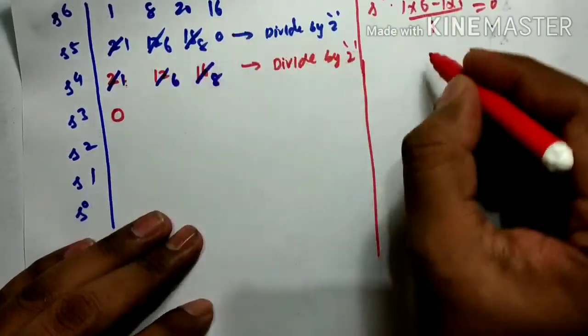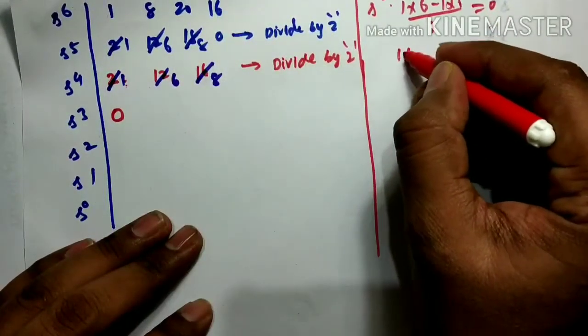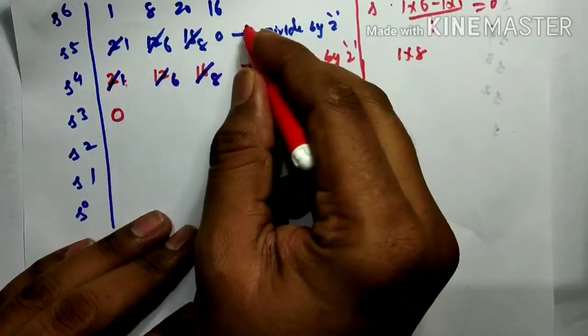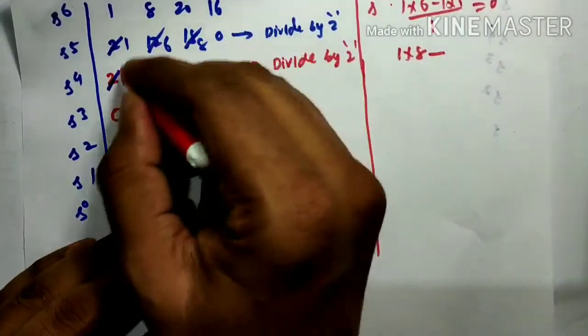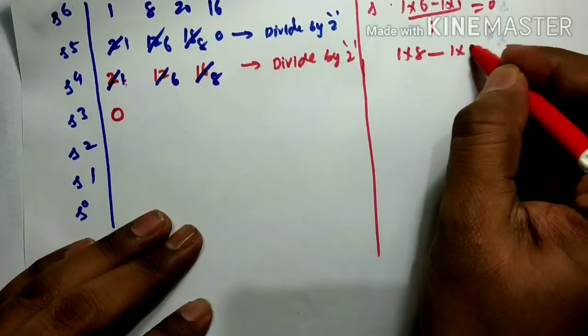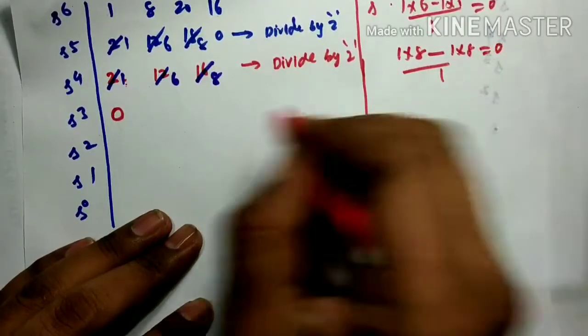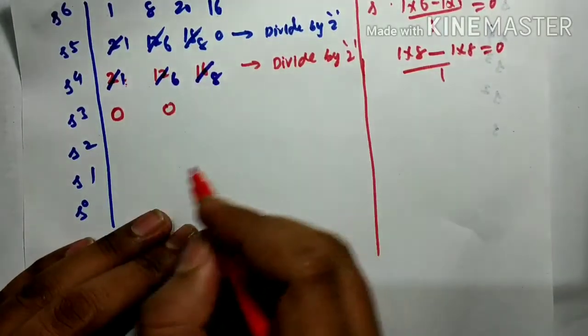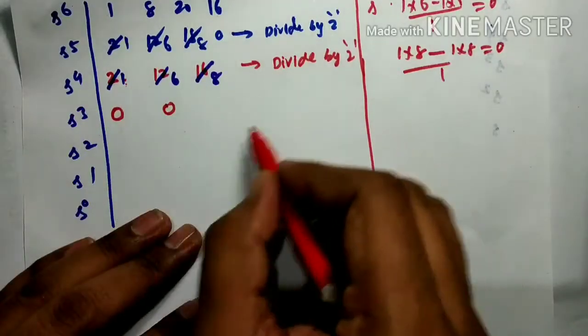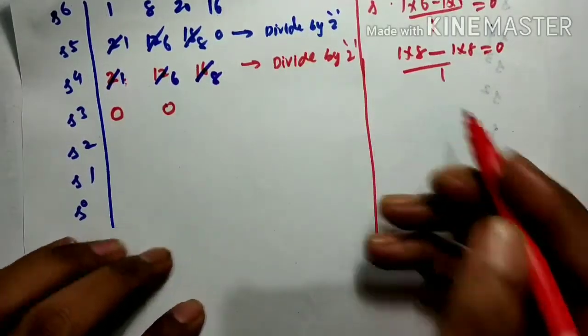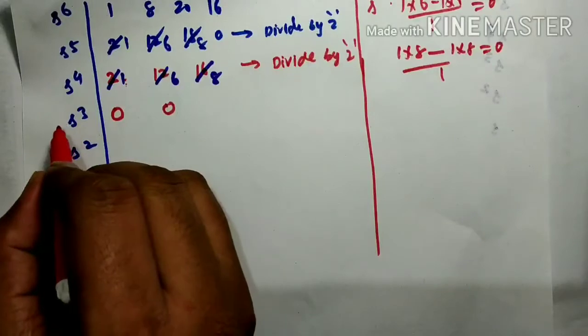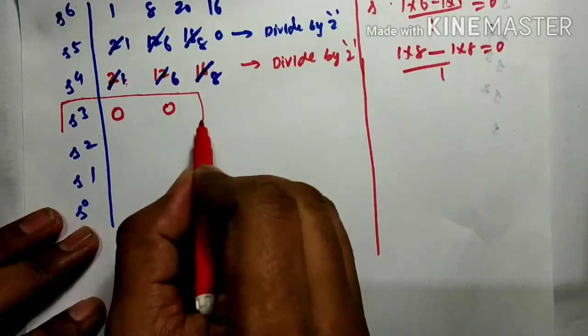Again 1 into 8 minus 1 into 8, so this becomes 0. So now the s cubed row becomes 0. So how do we go ahead now? This row is 0.